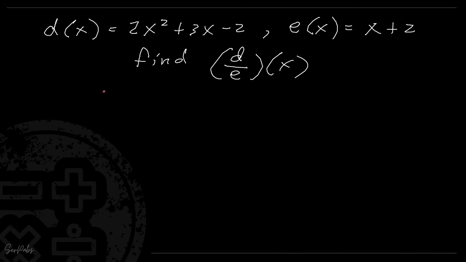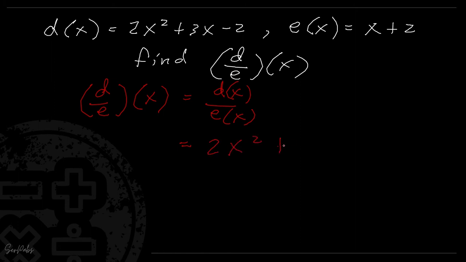So we have here d divided by e of x is equals to d of x over e of x. Then substitute. So equals 2x squared plus 3x minus 2 divided by x plus 2.